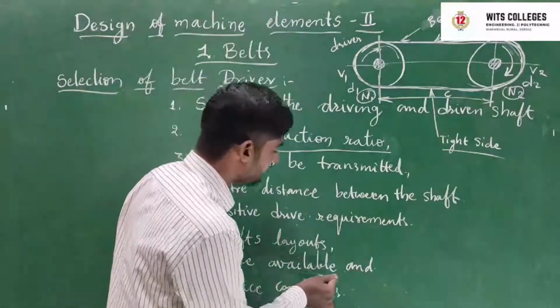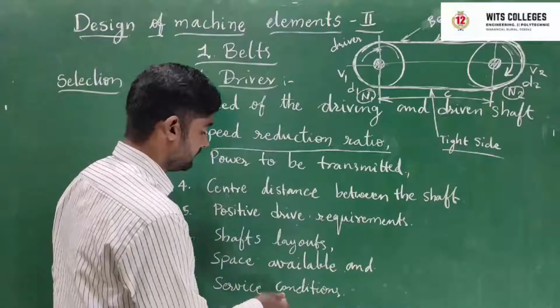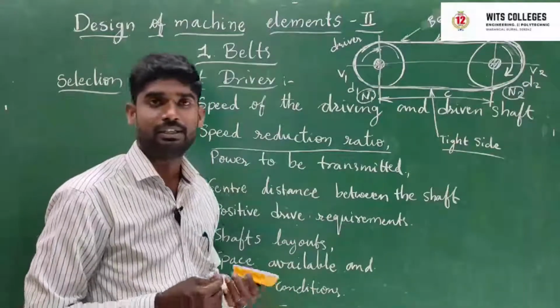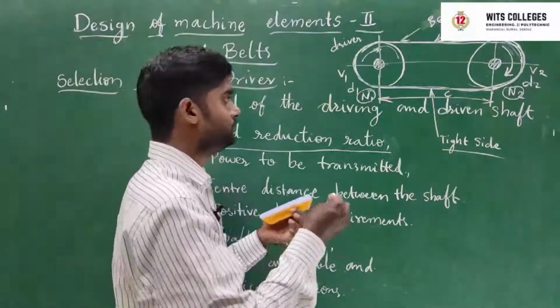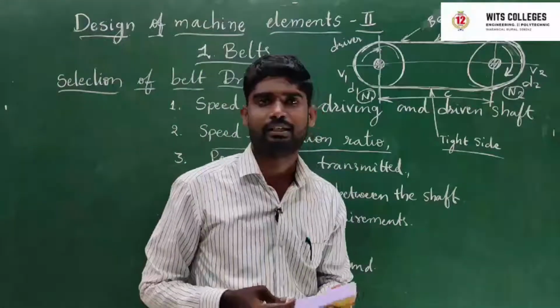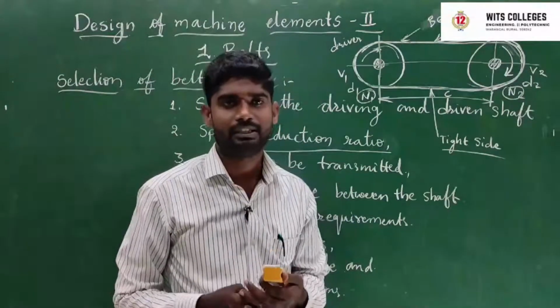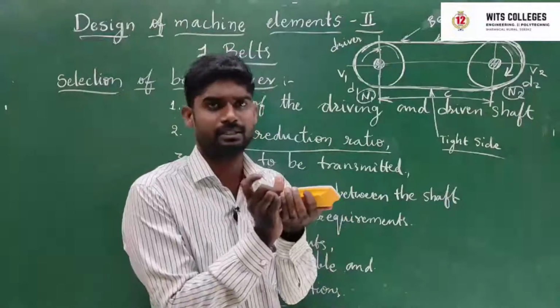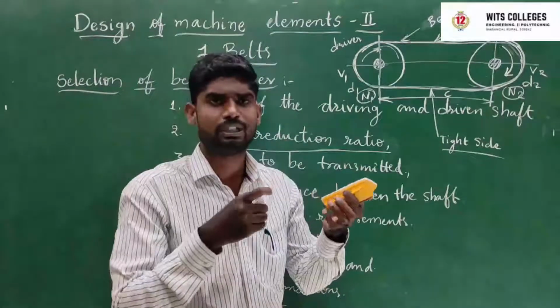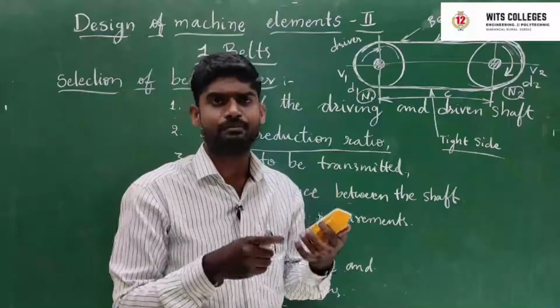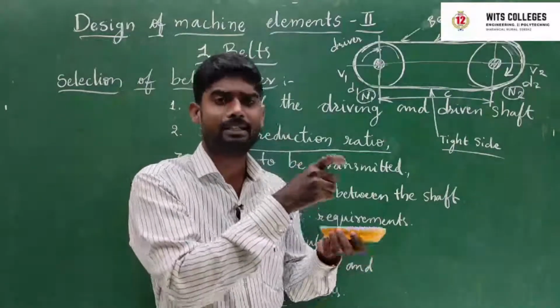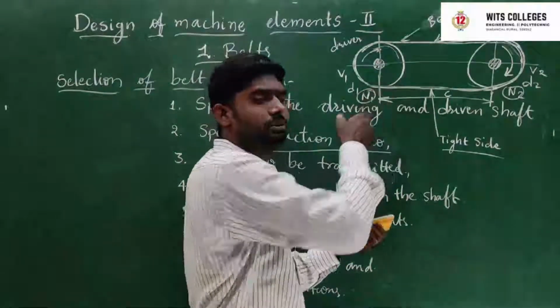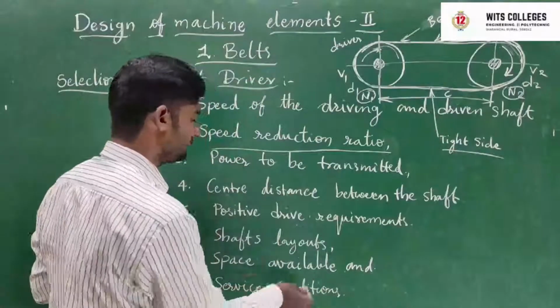Next, space available and service conditions. What is the space availability? Like in any automobile engine, there is less space, so the center distance between two shafts is less, and we select the belt depending on this length. Next, service conditions.